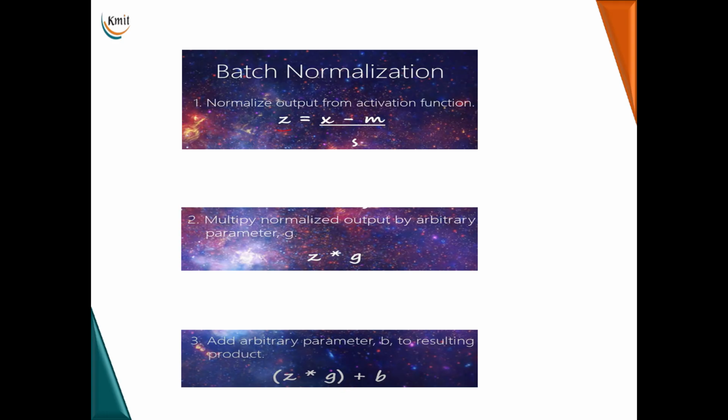So we are talking about two arbitrary parameters here, G and B. These two arbitrary parameters set a new standard deviation and mean for the entire data. Mean, standard deviation, G and B: these four are trainable parameters, that is, they can be optimized during the training process. As normalization is included, all the points get normalized, thereby increasing the speed.